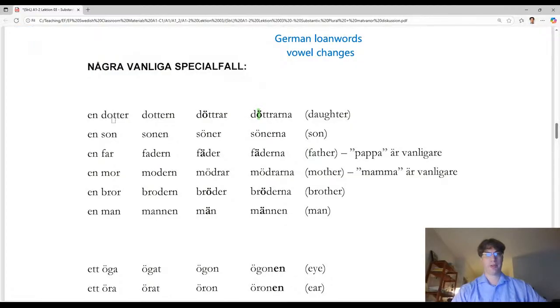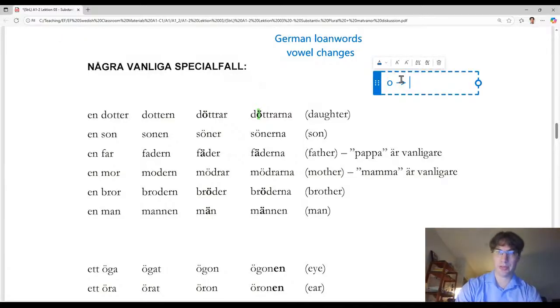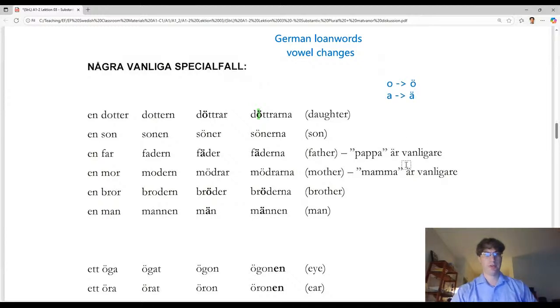That's a typical change with the German loan words. So en dotter becomes många döttrar. En son becomes söner. And far becomes fader. So if it's an O, it becomes an Ö. If it's an A, it becomes an Ä. And that's the rule for these.